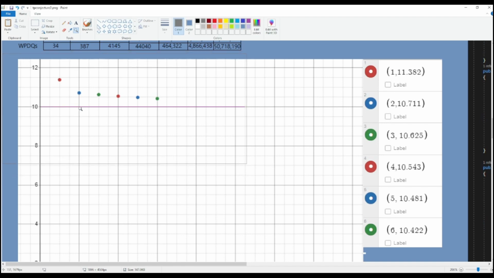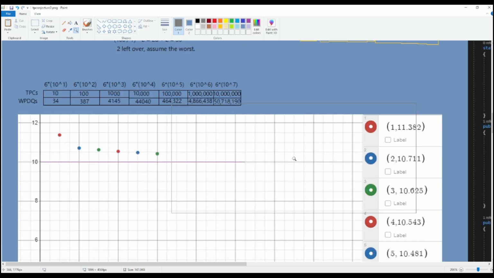That's indicating the multiplier of twin prime candidates. And these other dots are indicating the growth of the worst possible disqualifications. So we start here at 11.3 times, and we go down to 10.7, 10.6, all the way down to 10.4. And it seems to be a logarithmic function. It's going down.